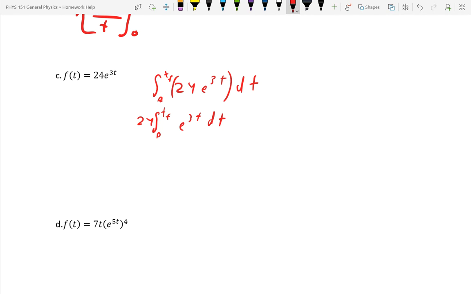And I'm not sure of the exact power rule for this, but I know that the derivative of e to the 3t was, right, down the derivative of the 3.